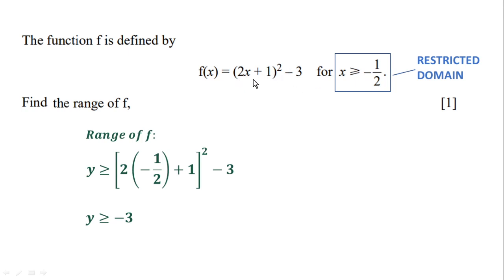Why do I need to expand this? Because you will notice that I have 2x over here. But since we have a restricted domain already, then we don't need to do that. We can just substitute the value of the x and find out what will be the value of the y for that domain.